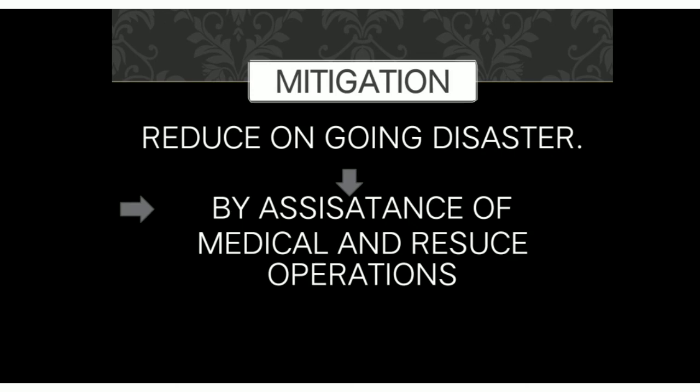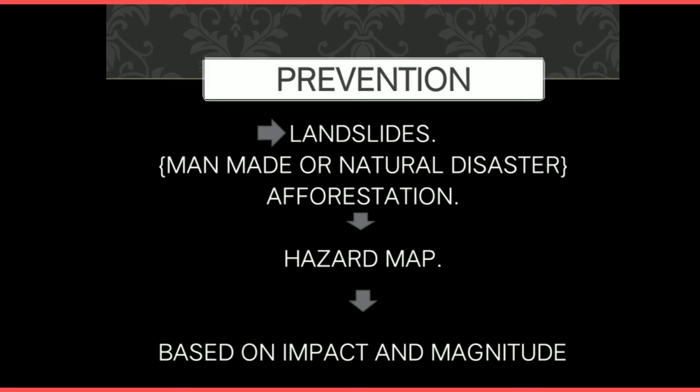That is unexpected. We can't predict how much rain will fall. We can predict up to a certain extent, but beyond that we can't. So there may be immediate disasters also. In order to save people from those immediate disasters, this mitigation process will help us to reduce the human loss, to save lives and to continue the human race. So the other one is prevention.